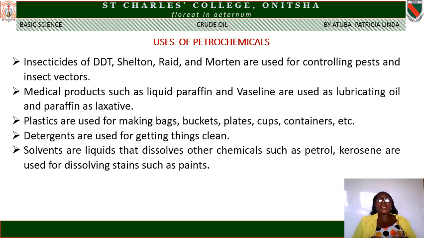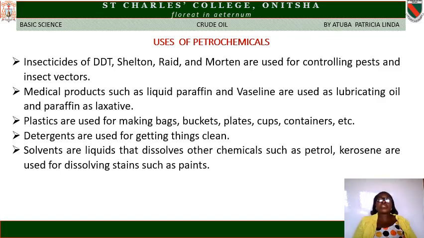Hope you know what a laxative is. A laxative is a substance that softens hard substance. Then we have plastics. Plastics are used for making bags, buckets, plates, cups, containers, etc. We have detergents. Detergents are used for getting things clean.